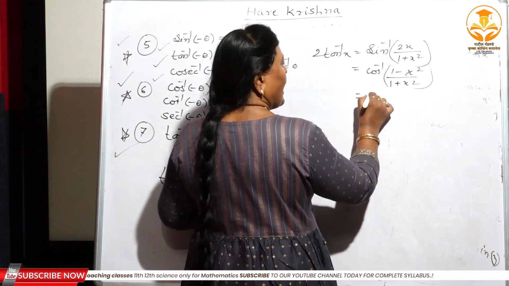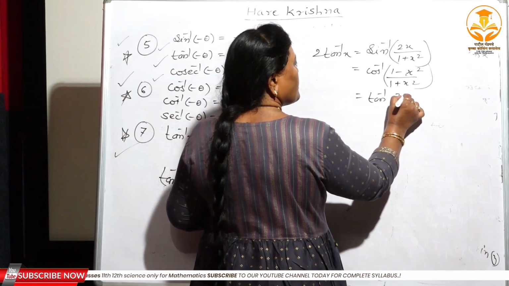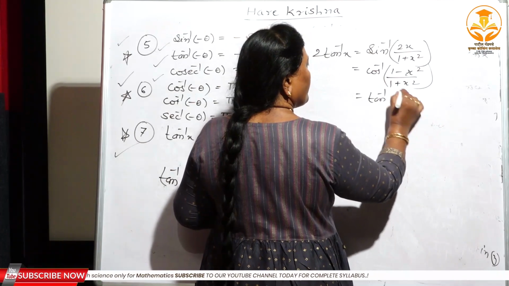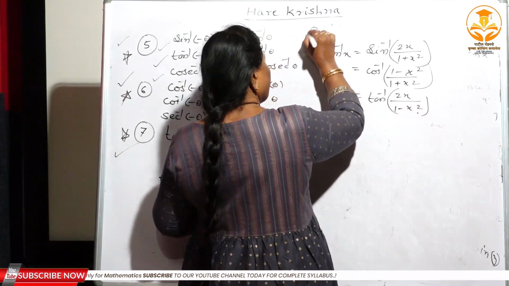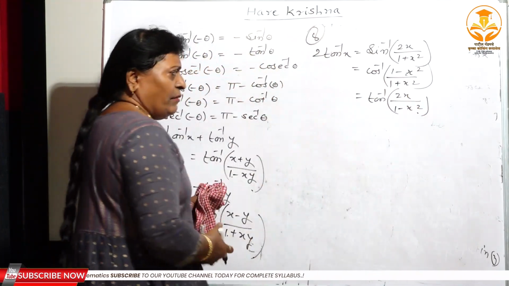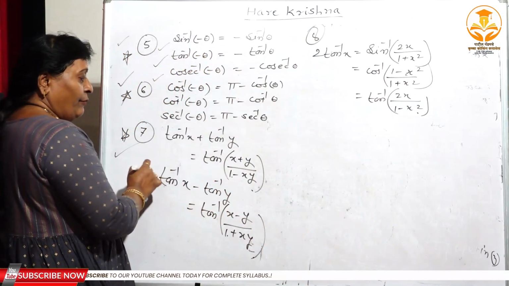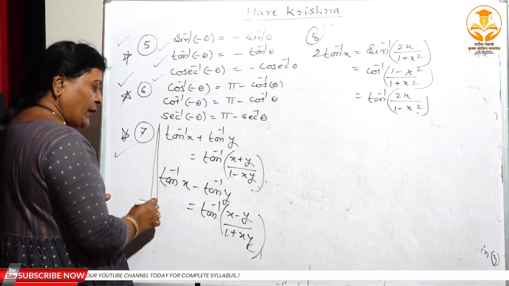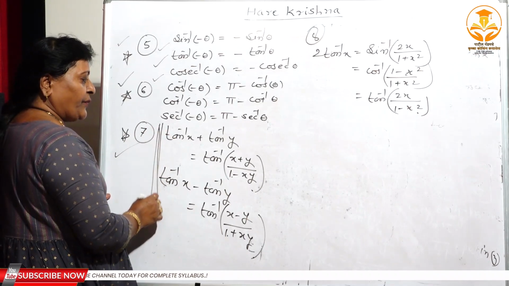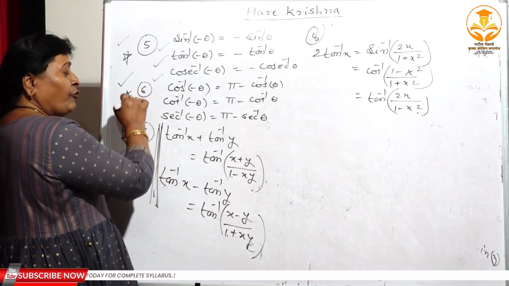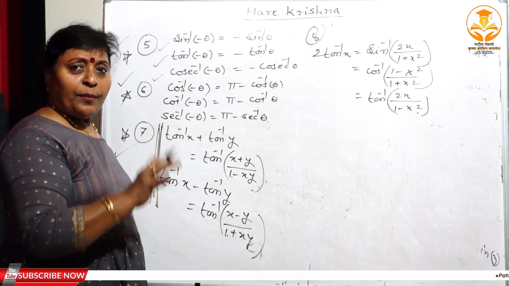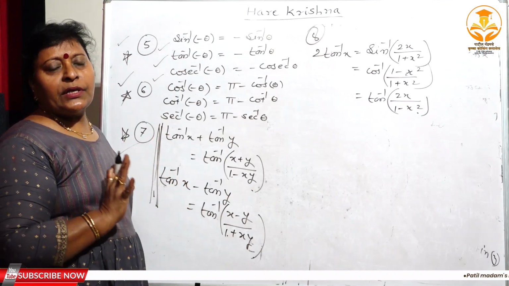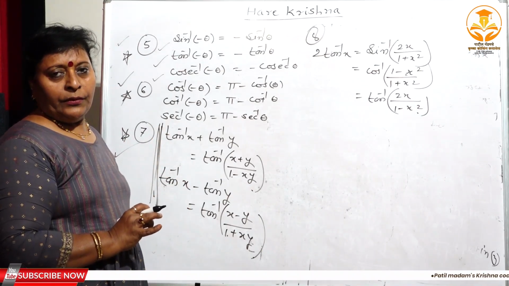And here the tan inverse of 2x divided by 1 minus x square. This is the eighth bunch, isn't it? So this is not very important, but whenever you do the problem of the derivative of inverse trigonometric functions, this is very important. Wherever I make the star mark, all those formulas are very, very important, right?